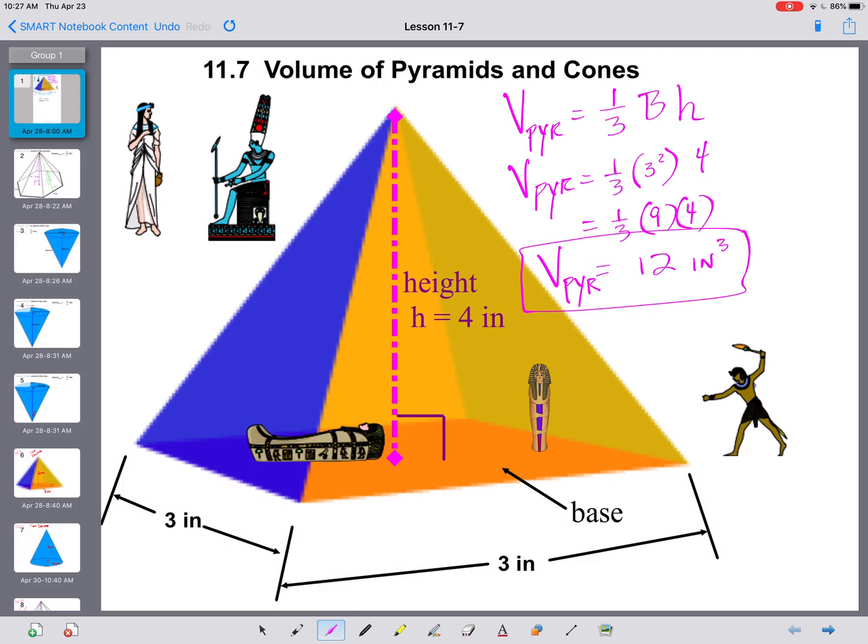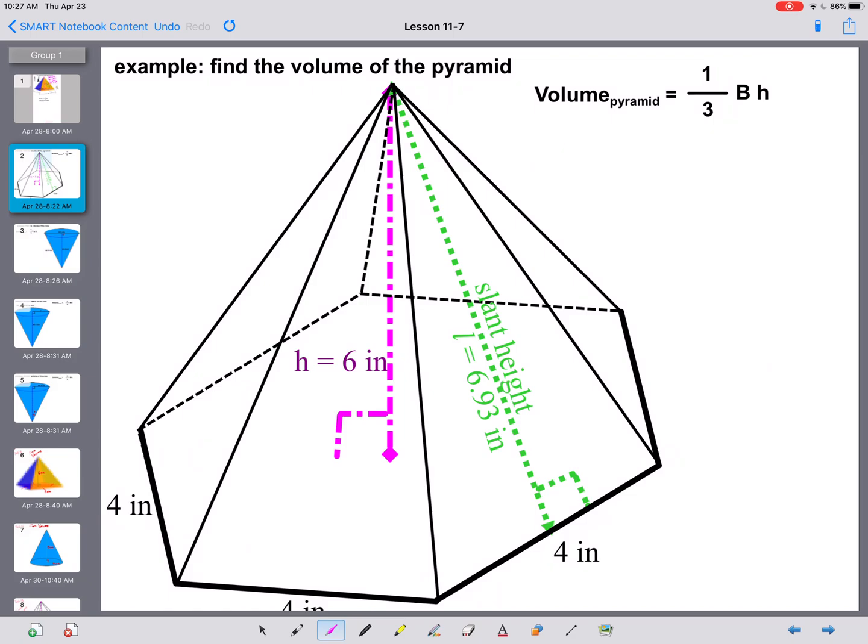Let's take another look at a volume here, volume of a pyramid. Now this one's a little harder, okay? It's a hexagonal pyramid. It's got a hexagon base. Now, I drew the height right down the middle.